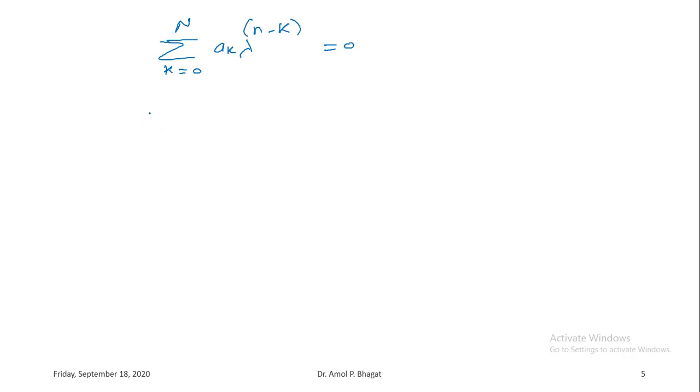Now substituting the values of k one by one, I get a0 lambda to the power n minus 0, that means lambda to the power n, plus a1 lambda to the power n minus 1, plus a2 lambda to the power n minus 2, and so on, plus the last value of k is capital N, so it will be aN lambda to the power n minus N, is equals to 0.